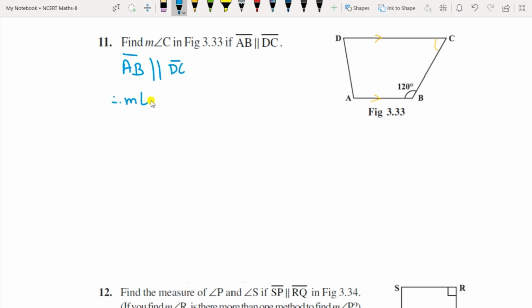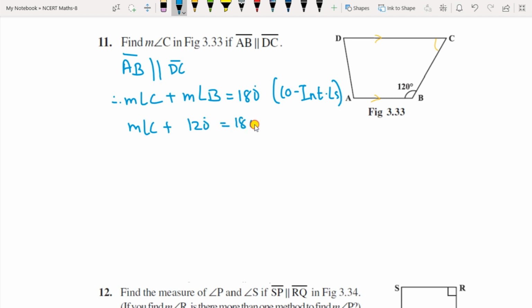Therefore, measure angle C plus measure angle B will be equal to 180. The reason is co-interior angles. So you want to find measure angle C. B is given as 120, so the sum equals 180. So measure angle C is 180 minus 120. So that is measure angle C is 60 degrees.